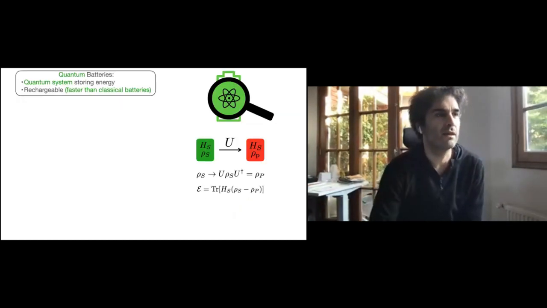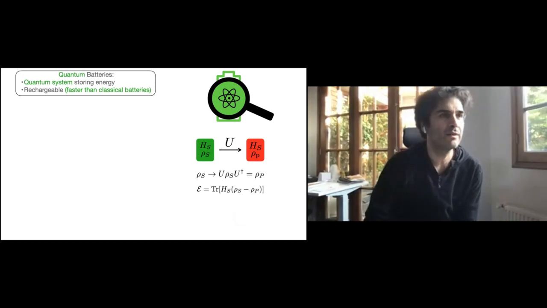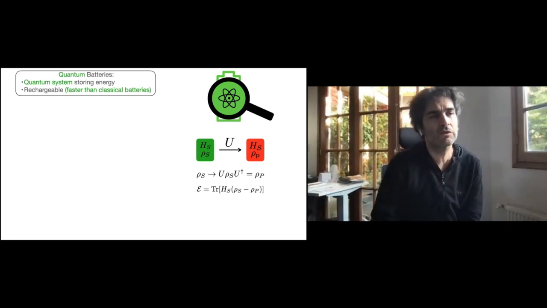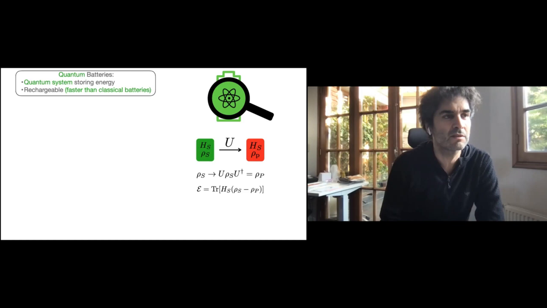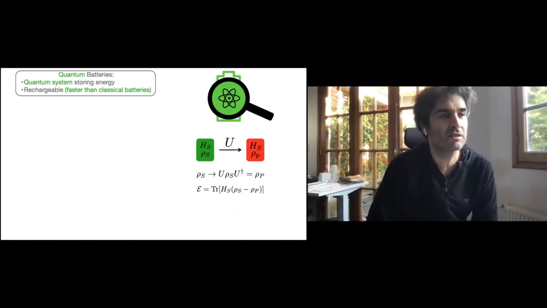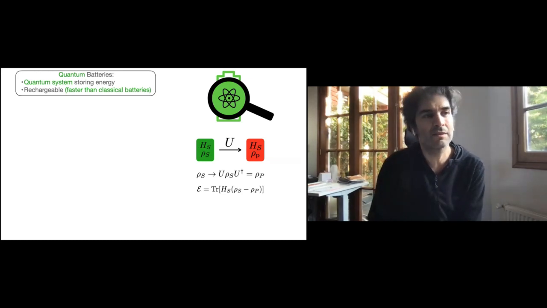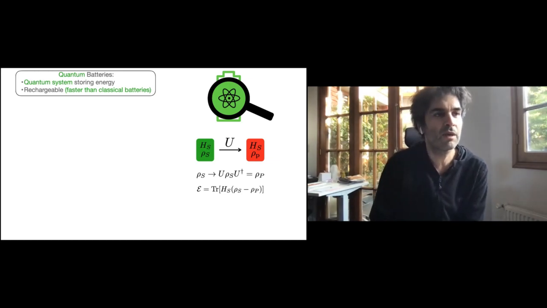As I said, I will talk about quantum batteries, and we consider that a quantum battery is a quantum system that we use to store energy. So this quantum system will have a Hamiltonian HS, and it will be in a state ρS, and we measure the charge of the battery by the amount of energy we can extract from the system performing a unitary operation on the system.